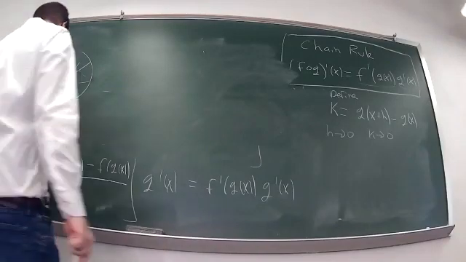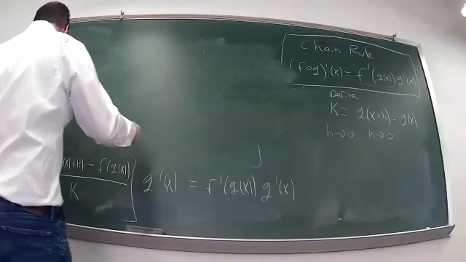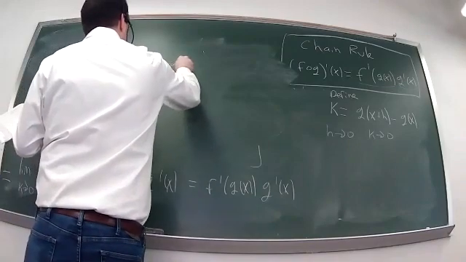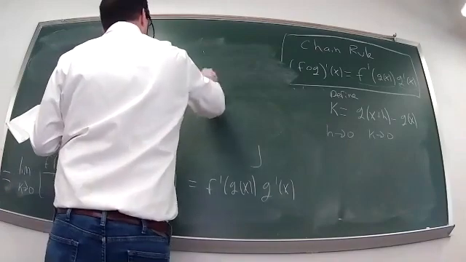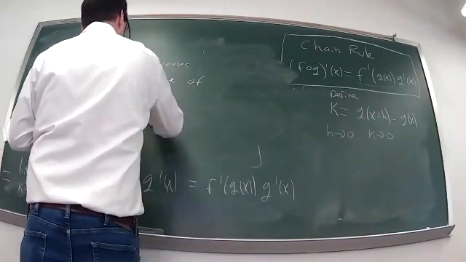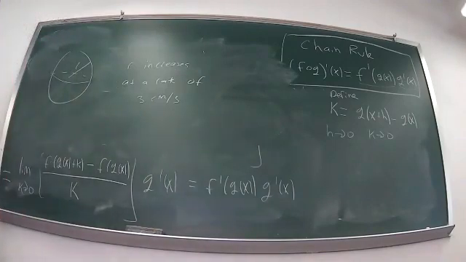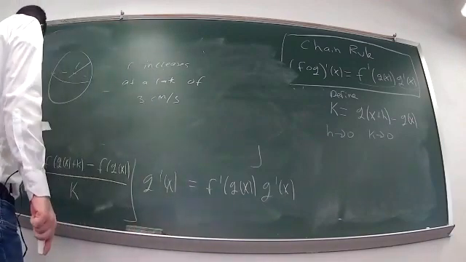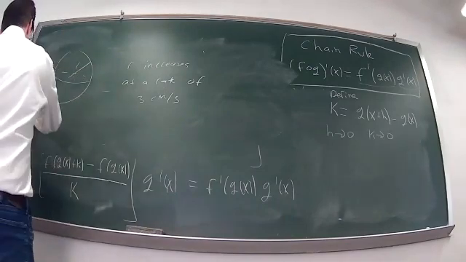And suppose that as you're blowing up the balloon, the radius r increases at a rate of, say, 3 centimeters per second. So that's given to you. Blowing up the spherical balloon, the radius r is increasing at a rate of 3 centimeters per second. At what rate is the volume of the balloon increasing?